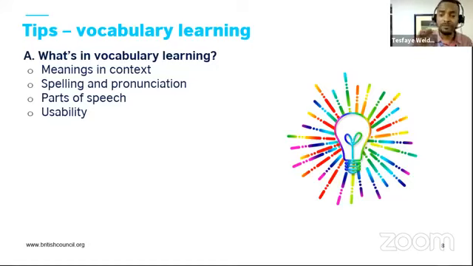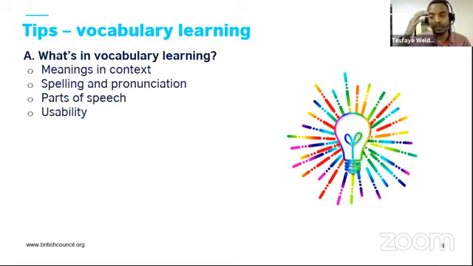The last very important point is usability. In a minute, I'll show you what we mean by usability. That means, is the word still being used? Will it be understood by most people?